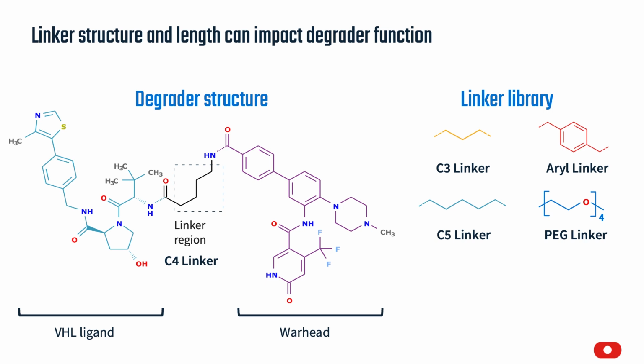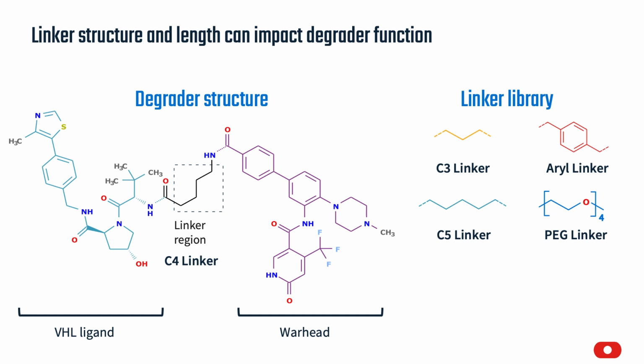And lastly, we have this linker region indicated by the dashed line box here. And in addition to the C4 linker that is shown in this structure, you can see over on the right-hand side with our linker library, we have 4 other linkers that can be implemented into this structure.